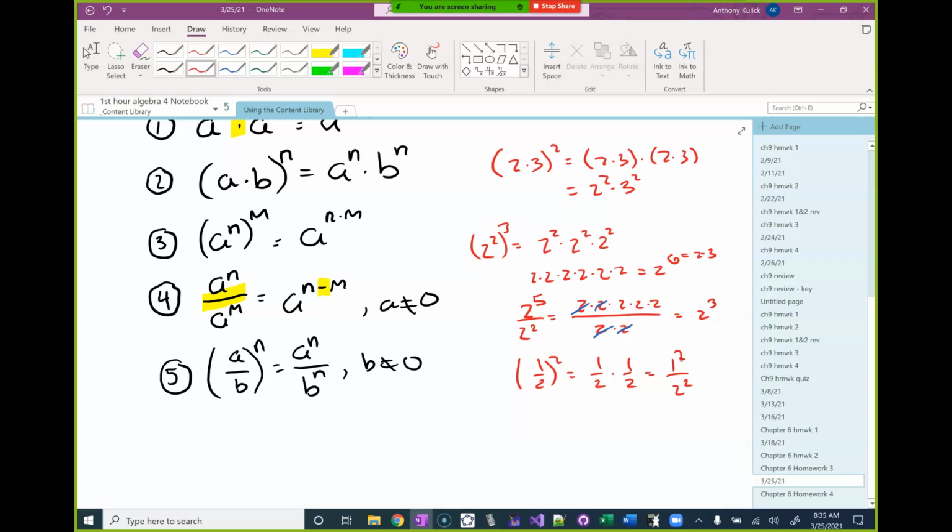We have a to the 0 is 1, provided that a is not 0. So the best way to think about that is 0 is like 1 minus 1, which would be like property 4, thinking about it as like 2 to the first over 2 to the first, which is obviously just 1, right?